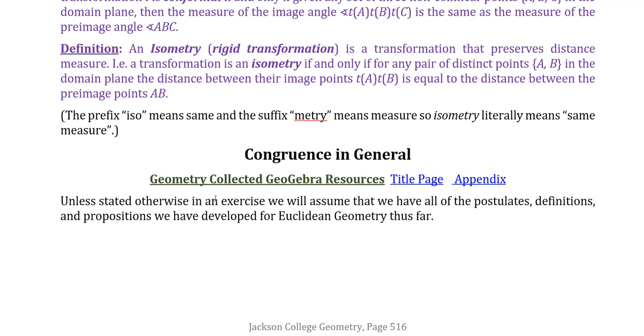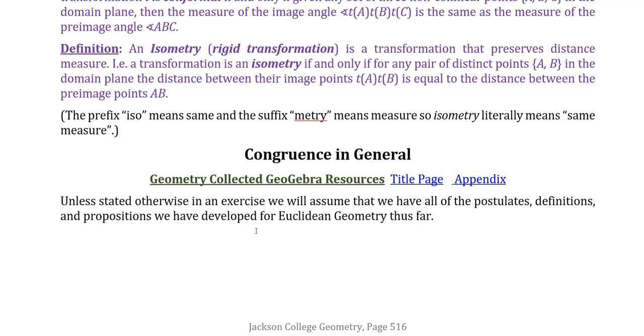Then we had triangles, meaning the corresponding sides were congruent and the corresponding interior angles were congruent. Then we talked about quadrilateral congruence a little bit, and circles being congruent if they had the same radius, and so forth. So we did this in an ad hoc way, defining congruence for some very special types of geometric figures. We're getting ready in this section to talk about defining congruence in a very general way. So we'll get there in just a little bit.